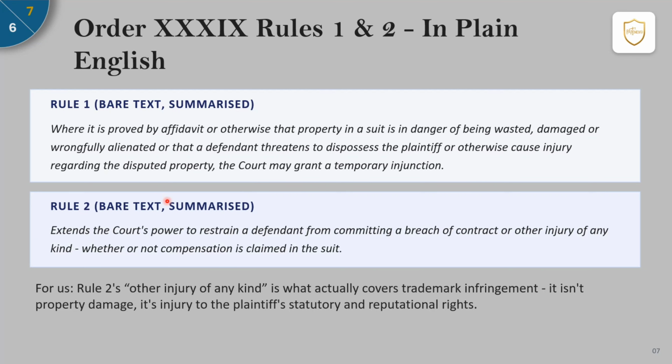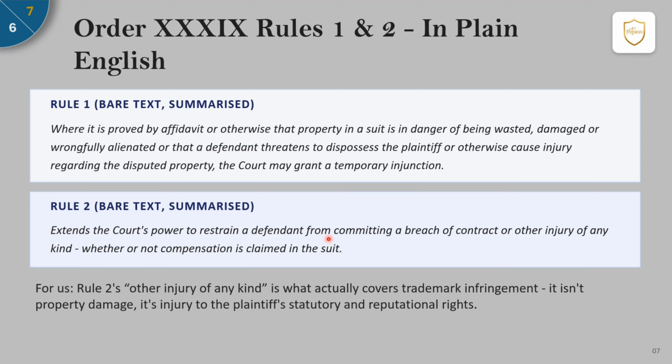Rule 2 is what actually extends this to our world. It allows the court to restrain a defendant from committing a breach of contract or other injury of any kind. And it is that phrase, other injury of any kind, that trademark infringement relies on.